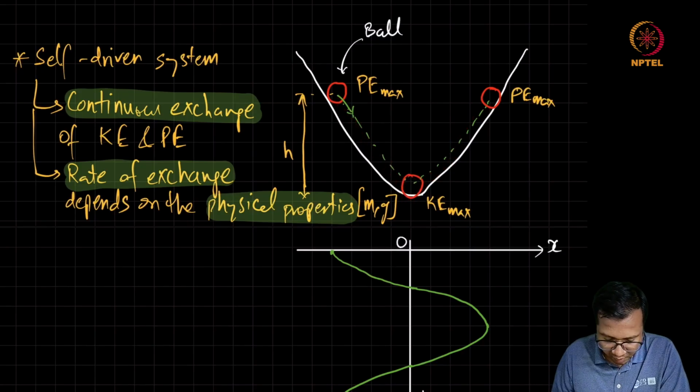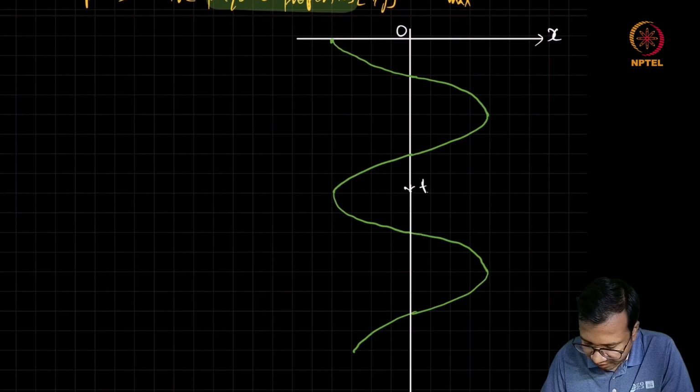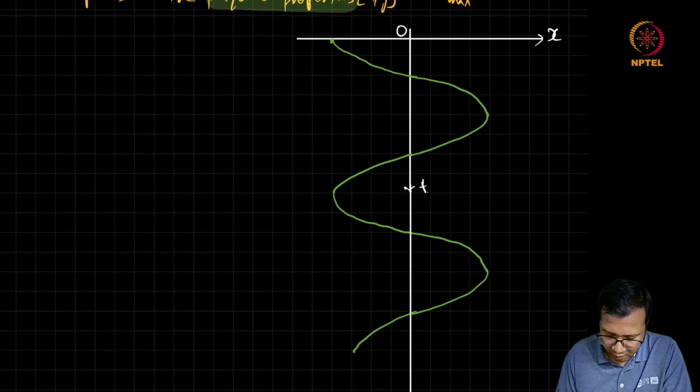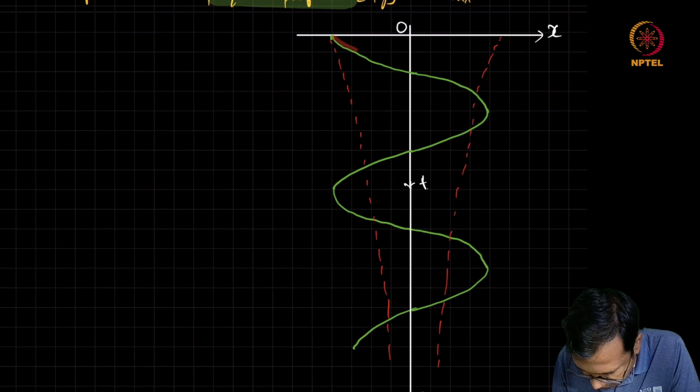So if we plot the case when friction is present, we will see that this x versus time is going to look different. We will see that there is going to be an exponentially decaying envelope if we plot x versus time, and it may look like this.